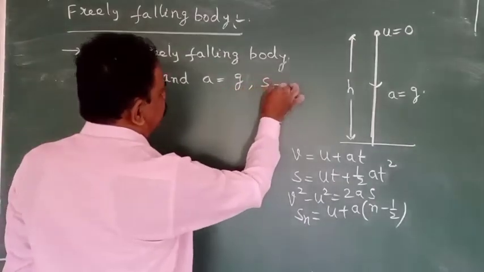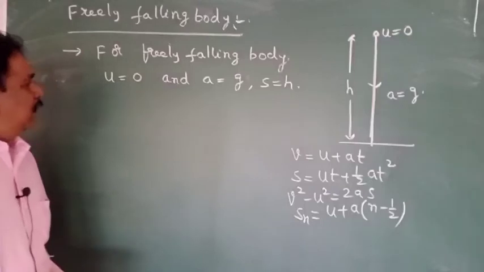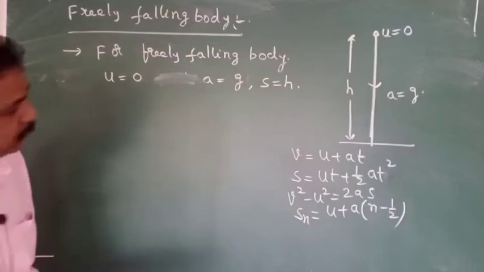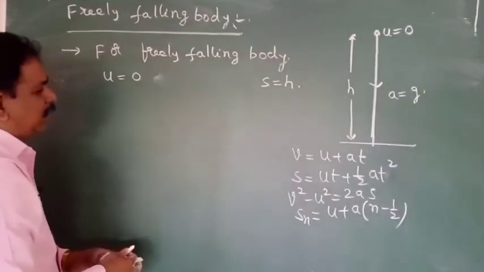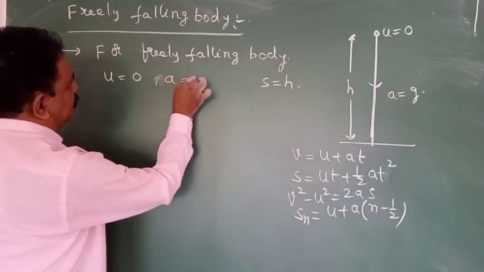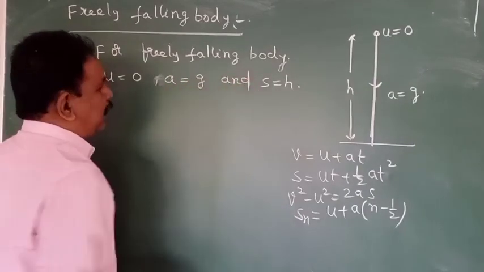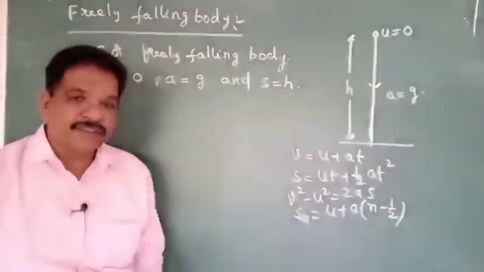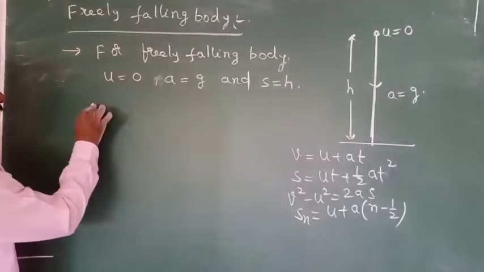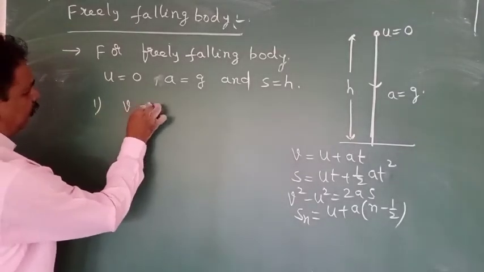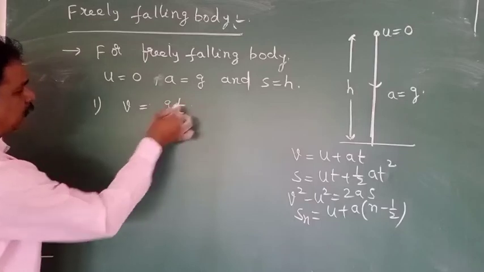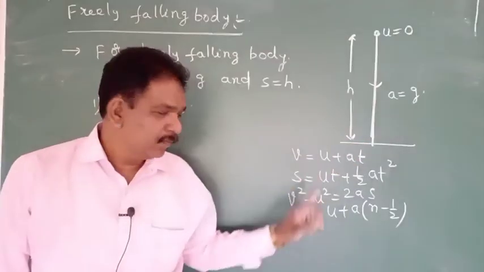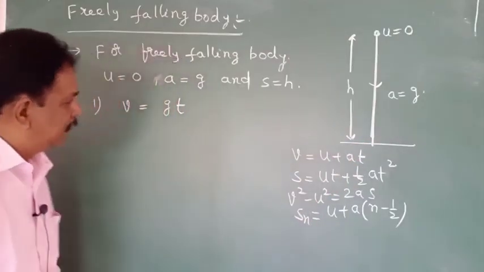Here s is equal to h. You write that also: u is equal to 0, a is equal to g, and s is equal to h. If we substitute these values in these equations, what will we get? First equation: v is equal to gt, since u is 0 and a is g.